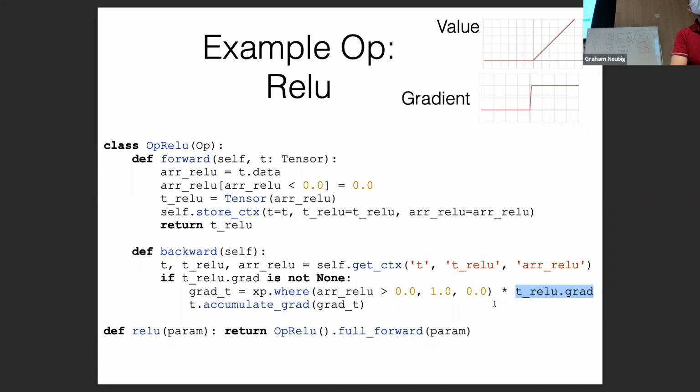Yes, the very last line is full forward. Full forward and forward are similar. Full forward would be going all the way from the beginning, like a recursive value going all the way from the beginning, I think.